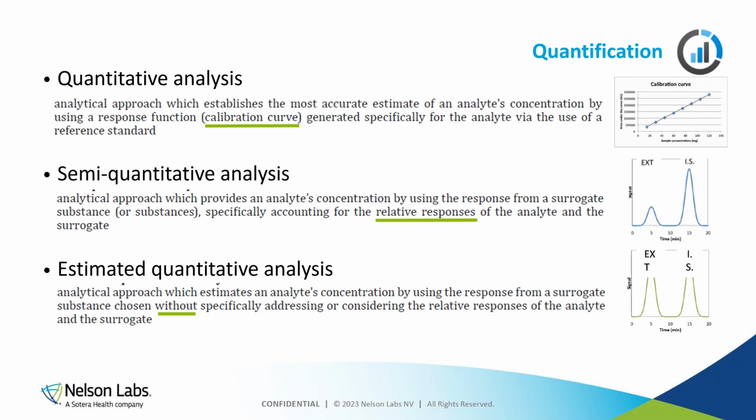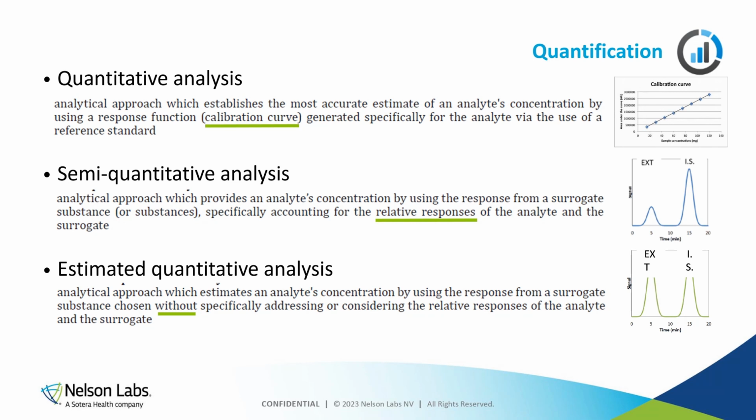And then lastly, and this is the third definition, you have the estimated quantitative analysis. There you estimate the concentration based on the response of an internal standard without considering relative responses, as can be seen here in the picture on the right. So you assume that every compound gives the same response when present at the same concentration.